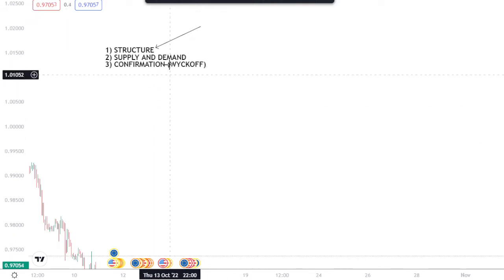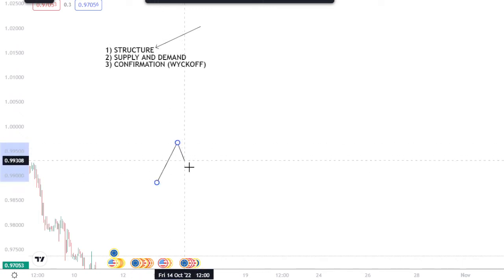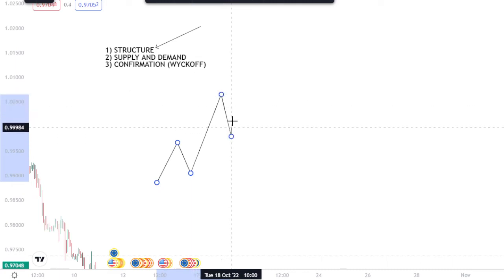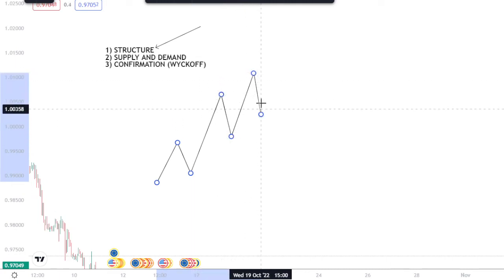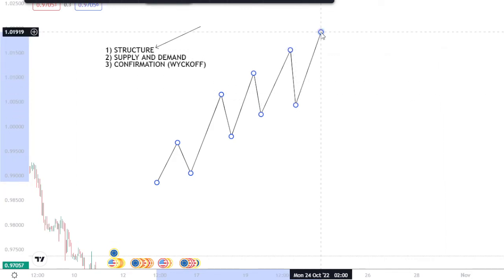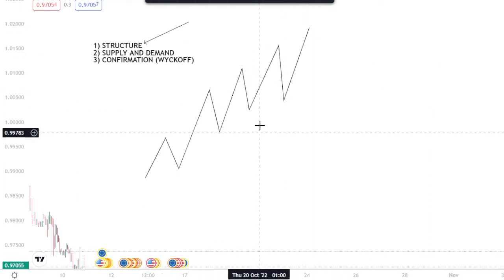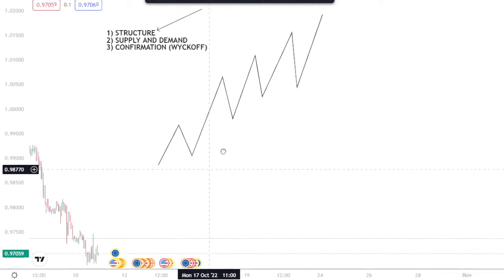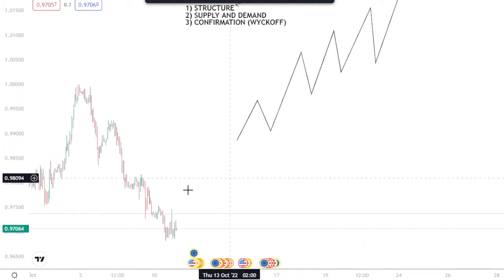We know that when the market is moving, the market moves forming higher highs, higher lows, higher highs, higher lows. This is how the market moves basically. But when it comes to the real market, it doesn't actually move exactly like this, but still it is there.